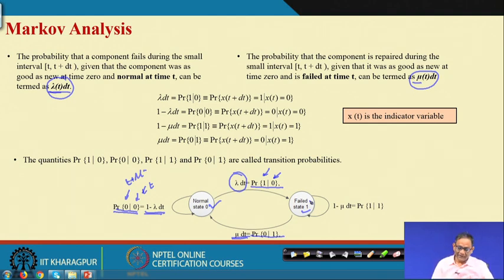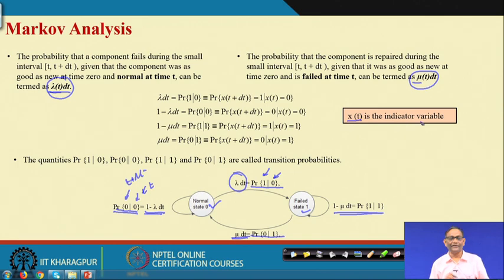So, the transition from normal to failed is lambda dt, and then remaining at normal will be 1 minus lambda dt, because the probabilities of the two sum to 1, and that is also true for the failed state case. Now, the same concept can be expressed with the use of indicator variables. X t equal to 0 means that the component is normal at time t, and x t plus delta t equal to 0 means the component is normal at time t plus delta t.